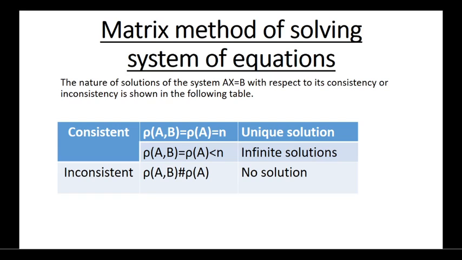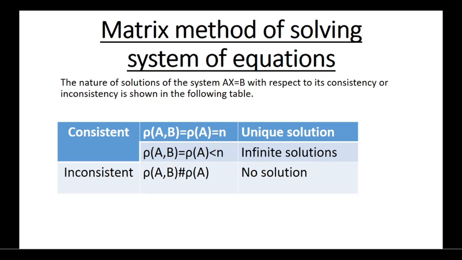The system of linear equations: 2x + 3y + 2z = 3, 3y + z = 0, x - 2y = 1.